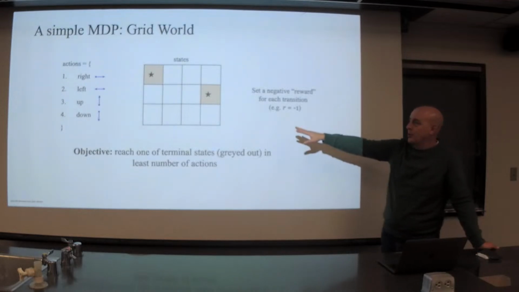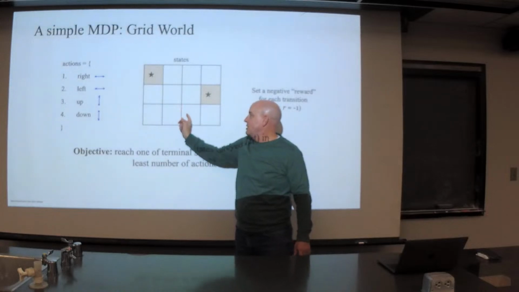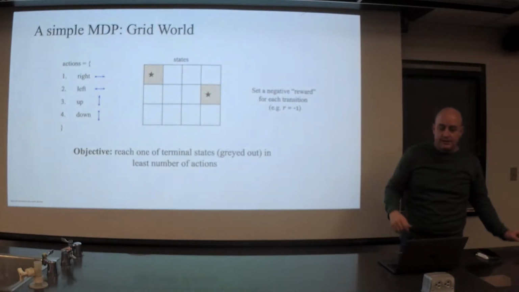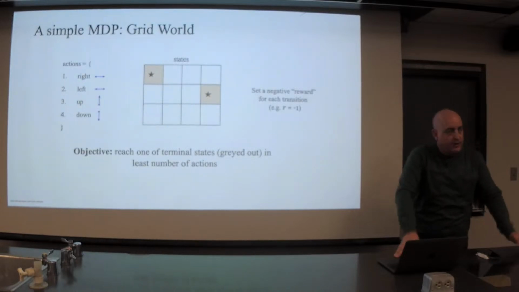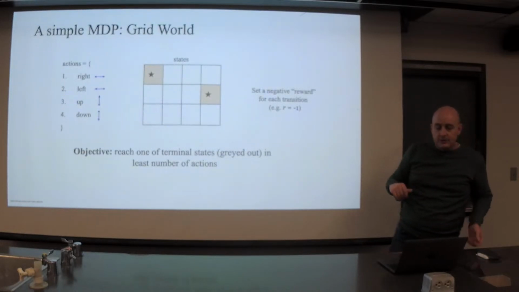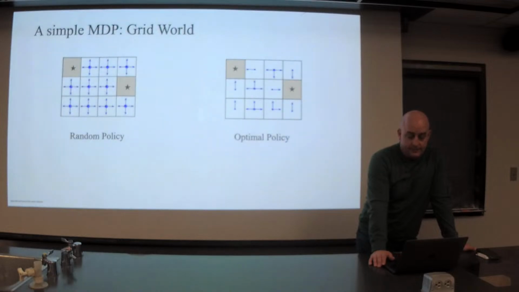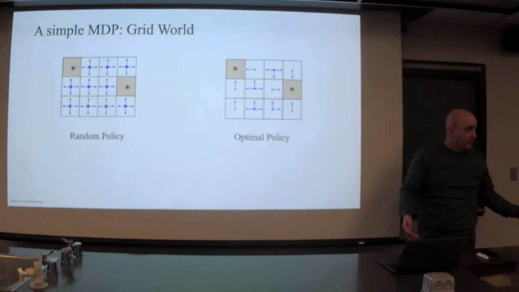So that's a natural reward for your objective: wherever you start, at a random starting spot, you get to one of these terminal states in the least number of actions. Okay, so very simple to understand, and a very common toy problem for reinforcement learning. So, what do policies look like in a grid world?